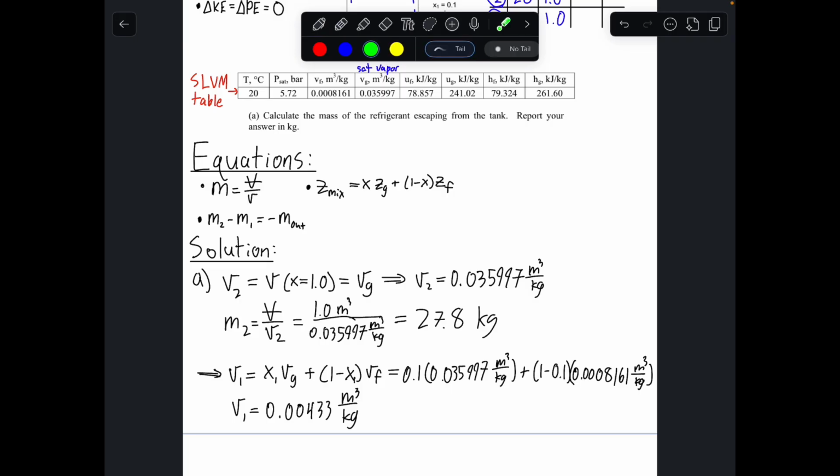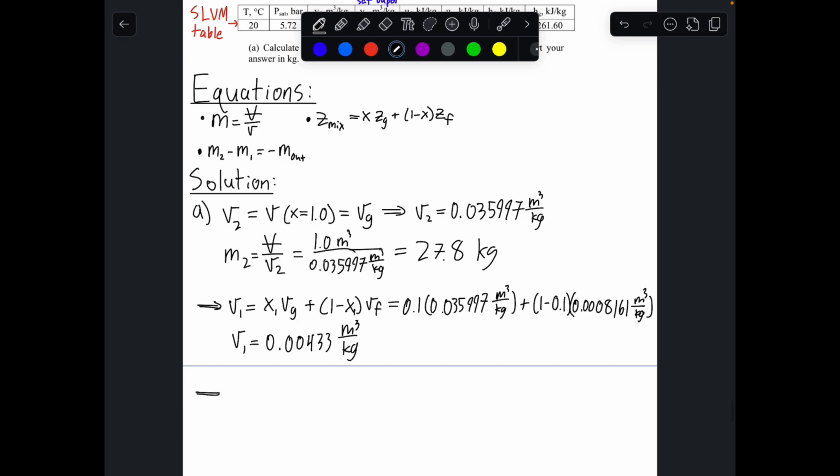And then we can do the same thing that we did before and solve for the mass at state 1, but now using specific volume at state 1. But this total V is going to be the same because we have a rigid tank. So now we will have M1 is going to be equal to V over specific volume at state 1, which is going to be 1 meter cubed divided by 0.00433 meters cubed per kilogram.